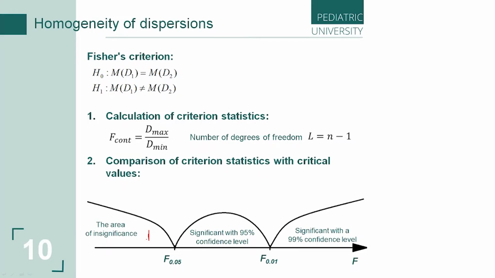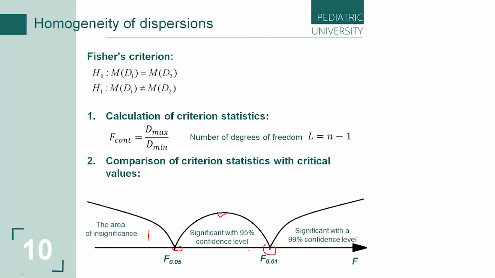But if the control value lies in the middle interval, in this part, we can say that the variances differ statistically significantly with a 95% confidence level.